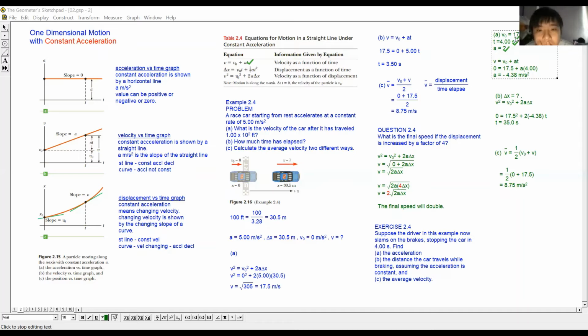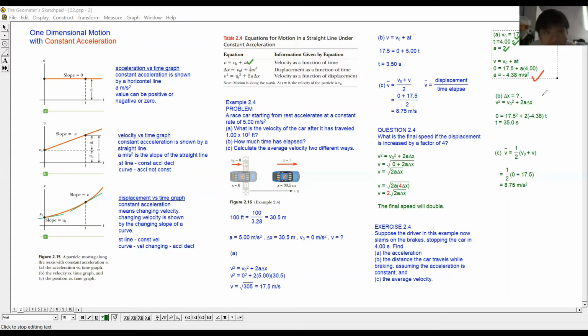I just copy down the first equation and substitute everything inside. When you move the 17.5 over to the other side, it becomes a negative value. Negative value means deceleration.